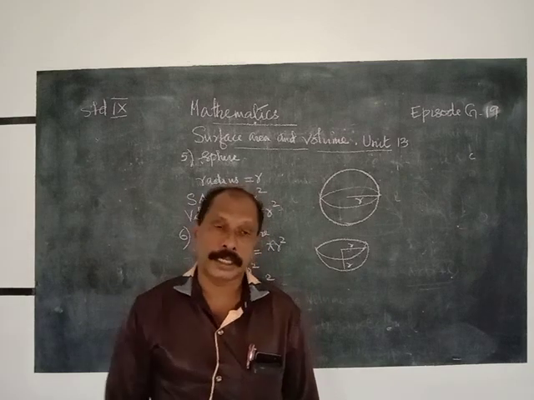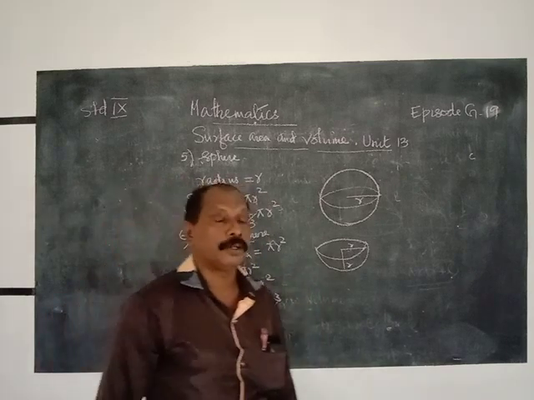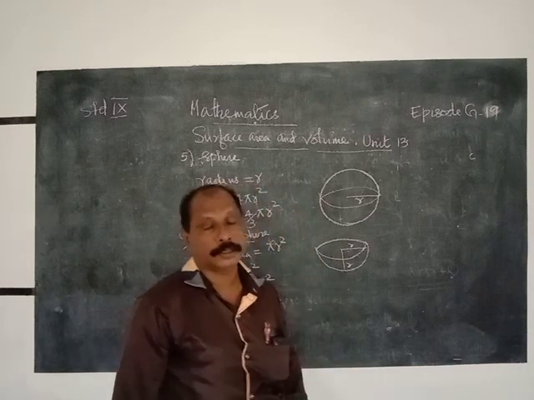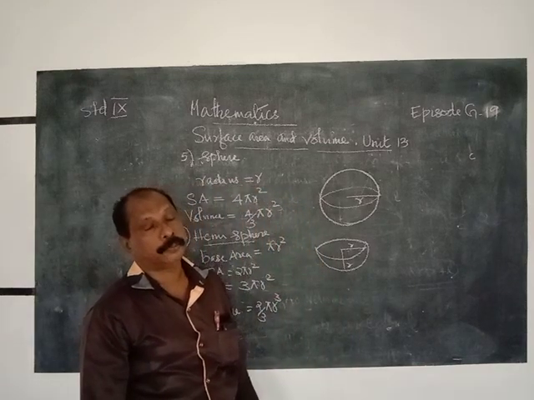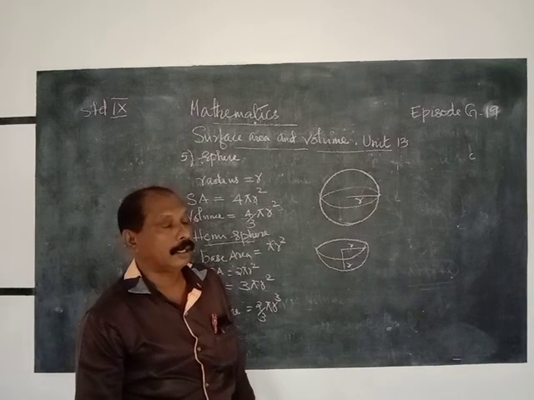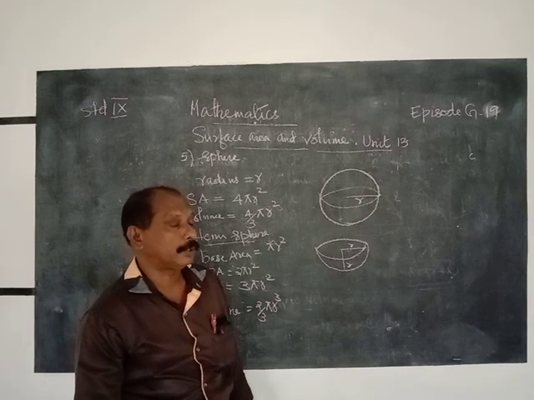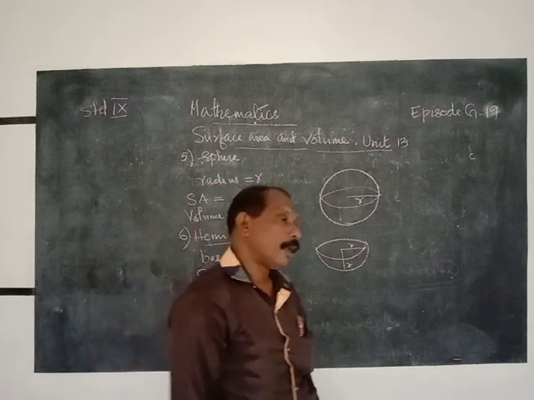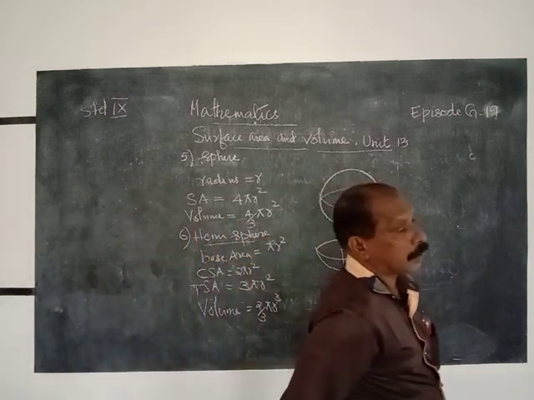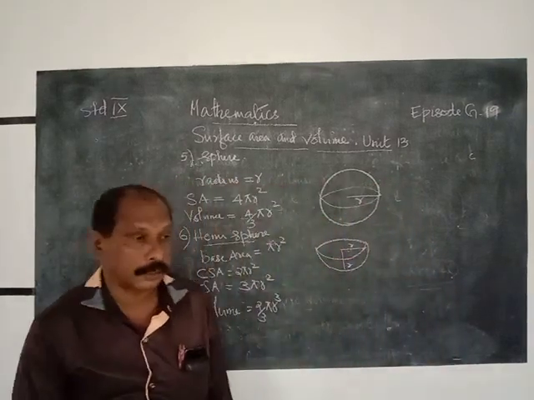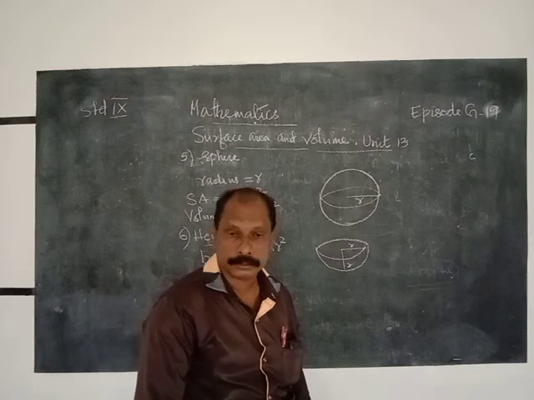And the curved surface area is equal to base perimeter into height. Perimeter of a circle is 2 pi r, so 2 pi r h is the curved surface area and 2 pi r square is the 2 base area. And total surface area is equal to 2 pi r square plus 2 pi r h, which is 2 pi r into (r plus h). And the volume is always base area into height. Base area is pi r square, height is h. Therefore, volume of that cylinder is pi r square h.